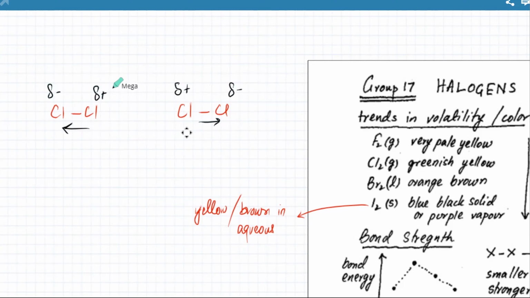The positive side will attract the electrons from the other molecule. So the other molecule's electrons get attracted to the left, which is why this side becomes negative and this side becomes positive. Anyways, this is instantaneous dipole, induced dipole. So temporary dipole, which then induces a dipole.